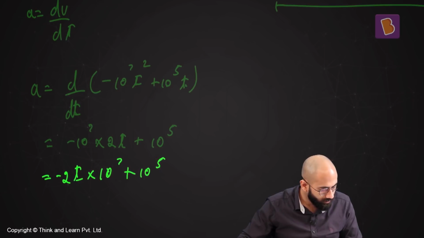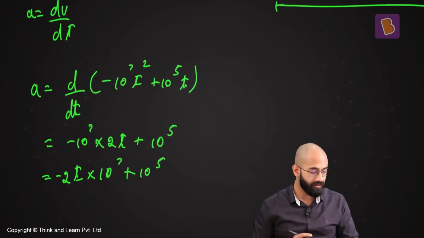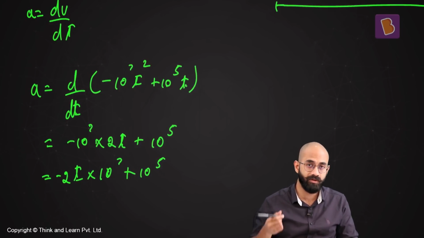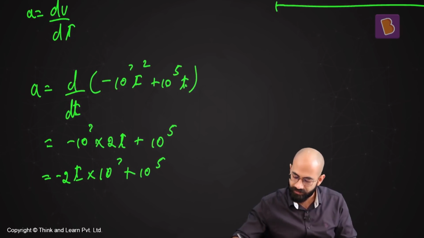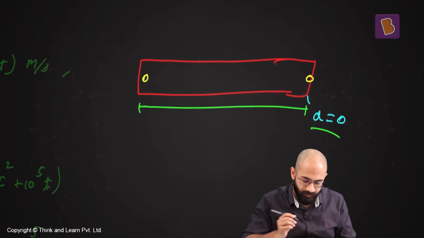Now to find out the time it takes to reach the tip of the barrel, we have to just substitute a equals 0, right? If a equals 0, the time taken will be equal to the time taken to reach the end of the barrel, because the acceleration is 0 at the end. So let's just substitute that and see what we get.